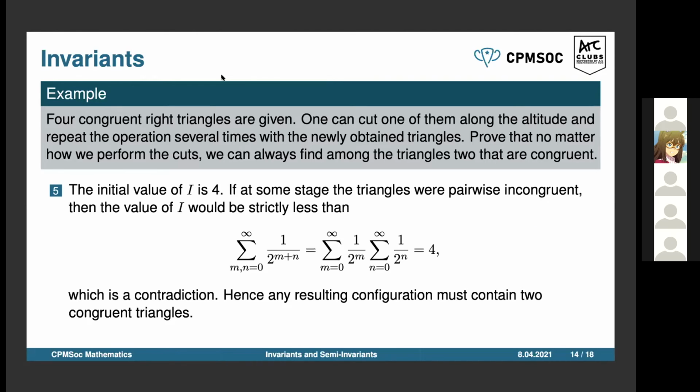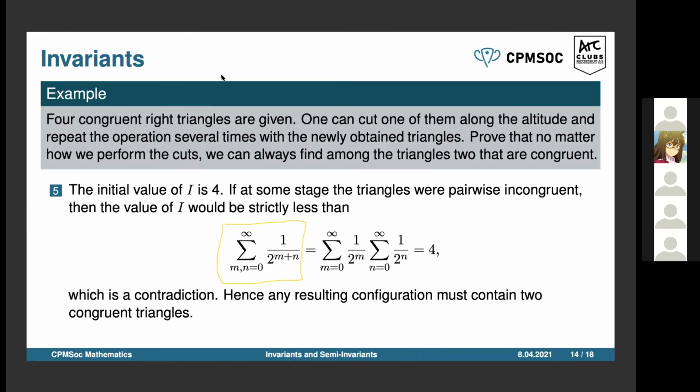And let's consider this sigma function, right? This one. What that represents is all the possible triangles that you can possibly get. How would I explain it?